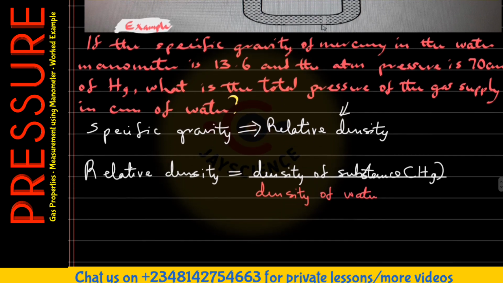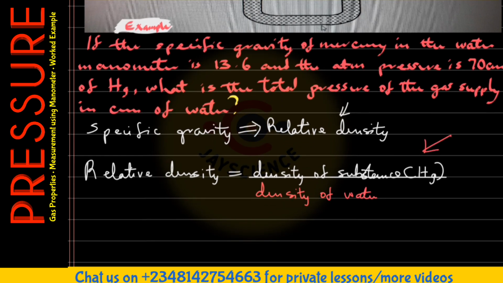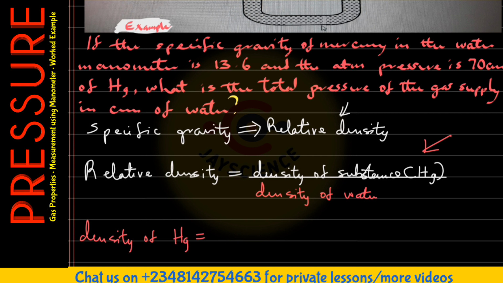Okay, fine. So let's now try and know what the value of this is, because that is very key to getting our answer. So the density of mercury, from this formula, if you were to make density of substance, that's of mercury, the subject of formula, when we cross multiply, it will be relative density multiplied by the density of water.